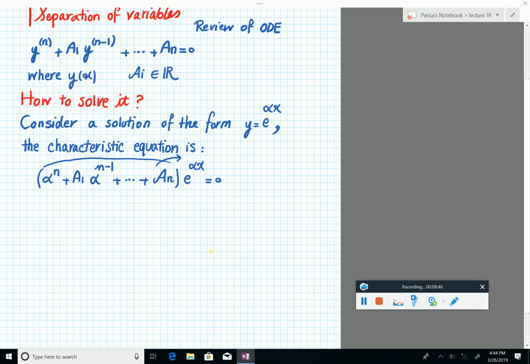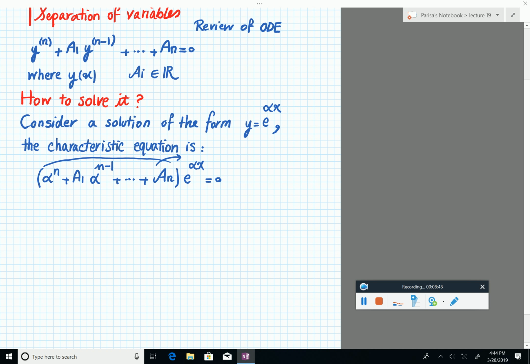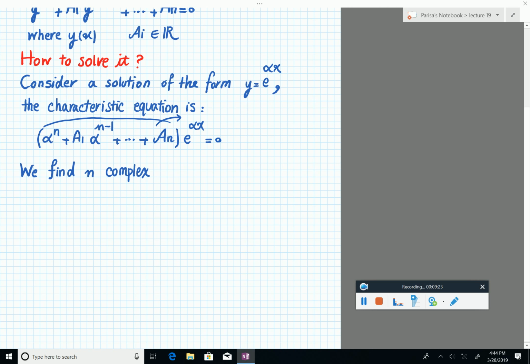And how many roots in general do we find when we have a polynomial of the order n? N. But these n include complex valued and repeated roots, right? So let's write this down, because this is where it's actually important for developing the biharmonic equation. So we find n complex roots.